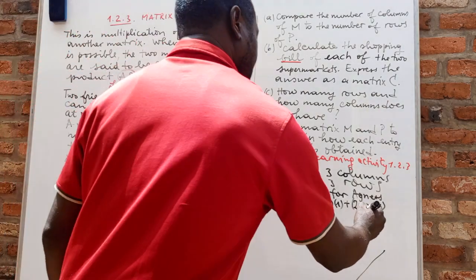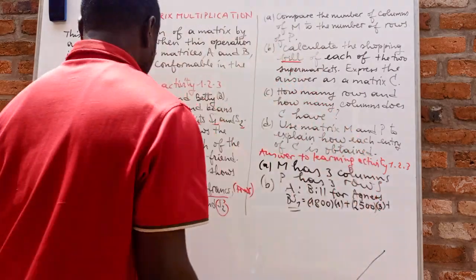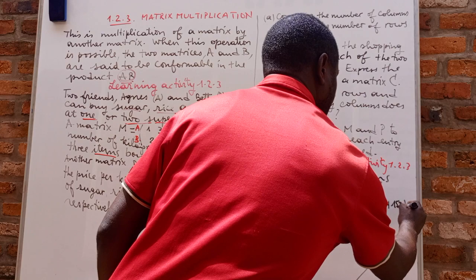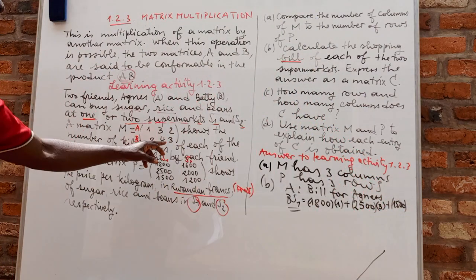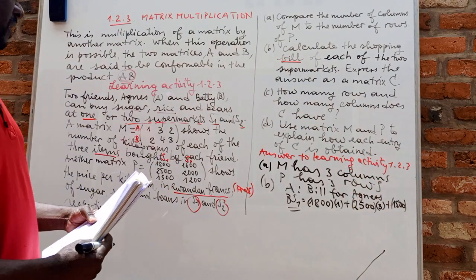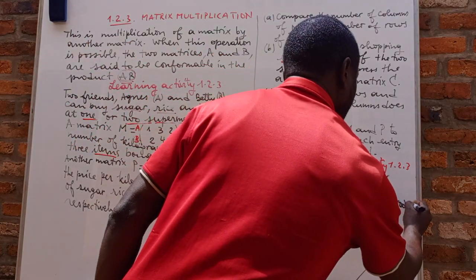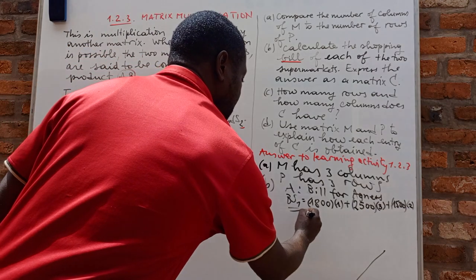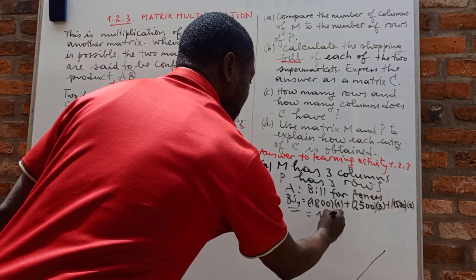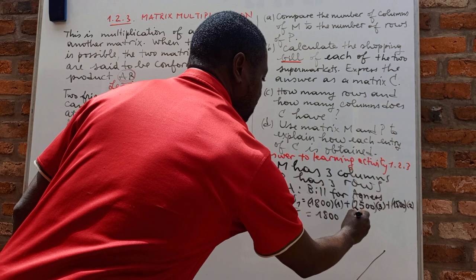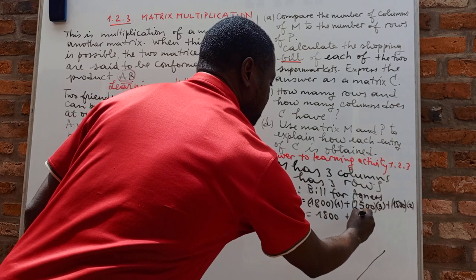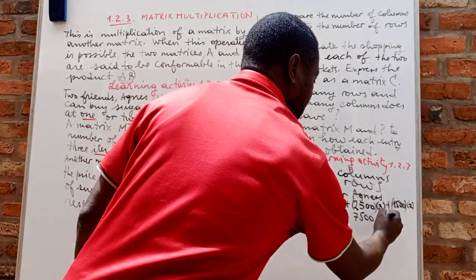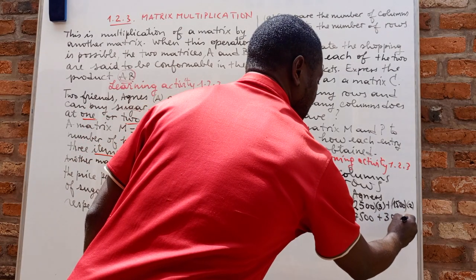Now plus 1,500 times the number of kilos of beans, which is 2. Okay, in this case it is in Rwandan francs. So now the bill is 1,800, 2,500 times 3 is 7,500, 1,500 times 2 is 3,000.